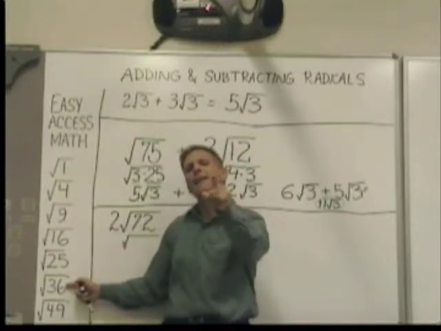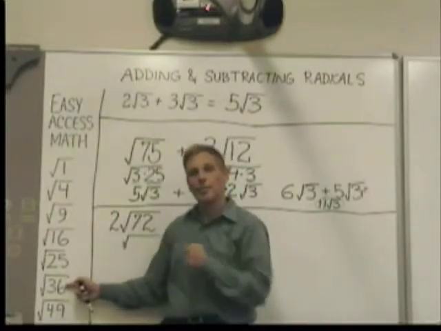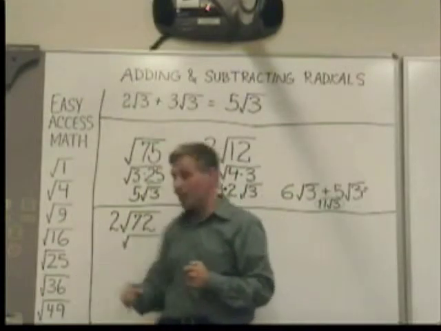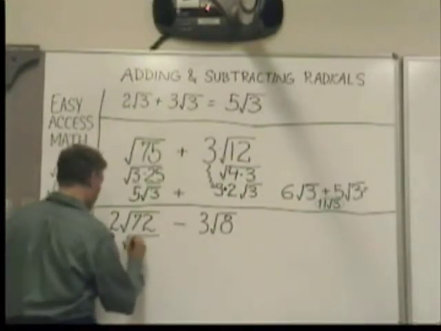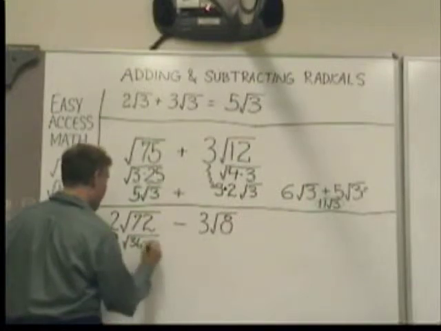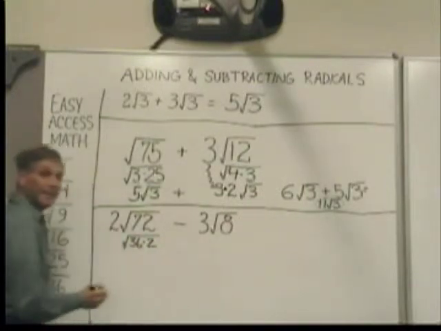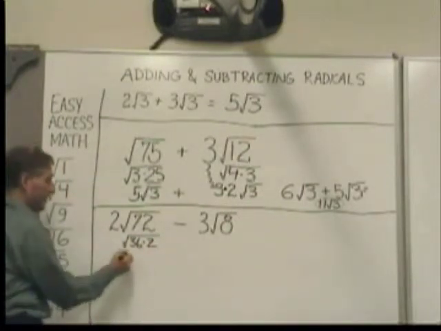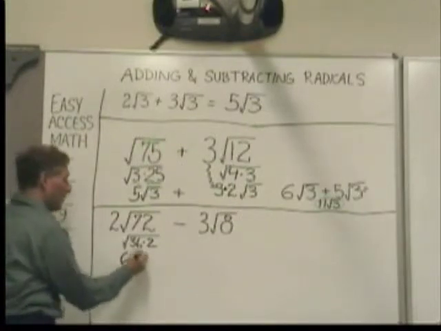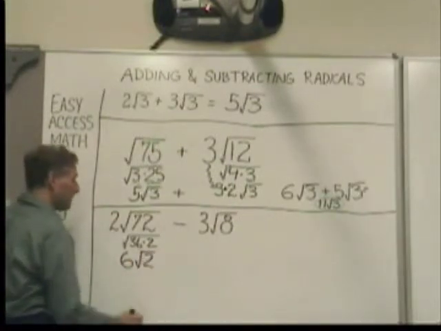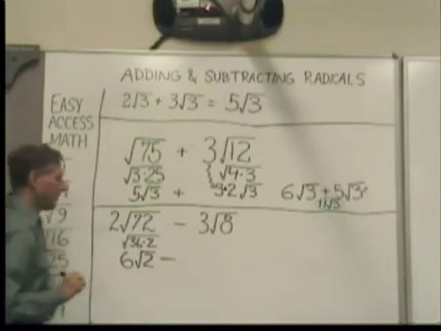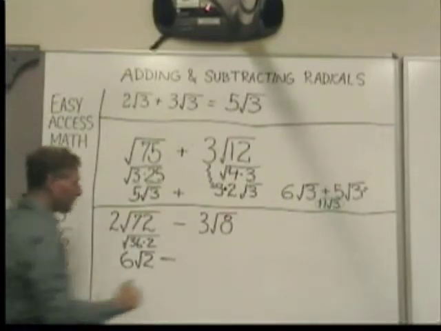You want the highest square number, perfect square. So it would be 36 times 2. The 36 comes out as 6. The radical 2 stays in. I'll bring down my minus, and I'll work on the next one.